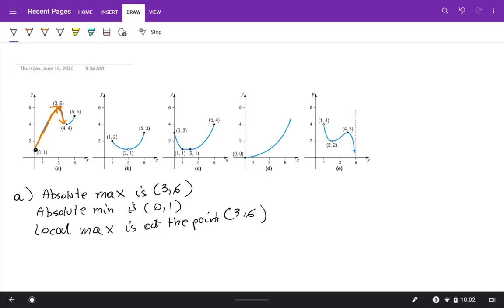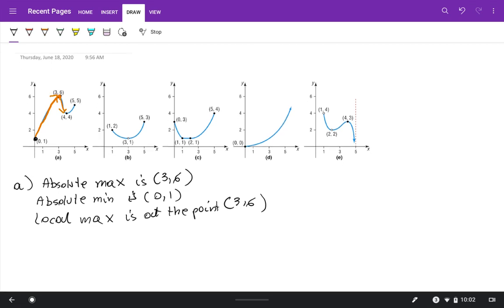Local minimums are the points where the graph switches from decreasing to increasing. So here the graph changes from decreasing to increasing, and the local minimum will be (0.4, 4). Like you see, a local minimum is not the same as the absolute minimum. The absolute minimum is the lowest point.